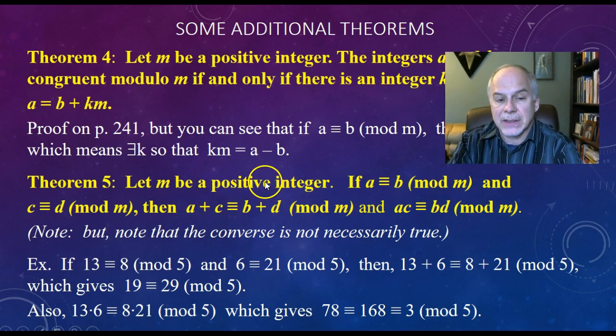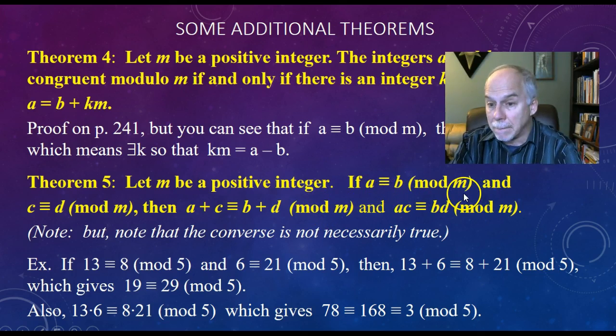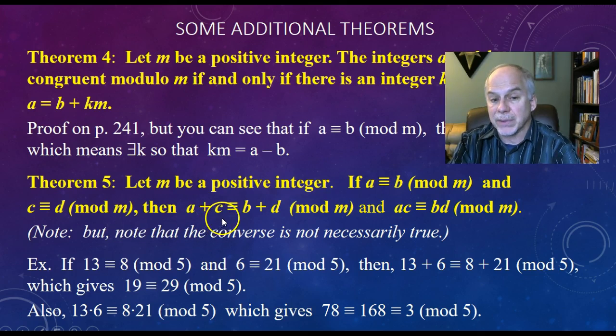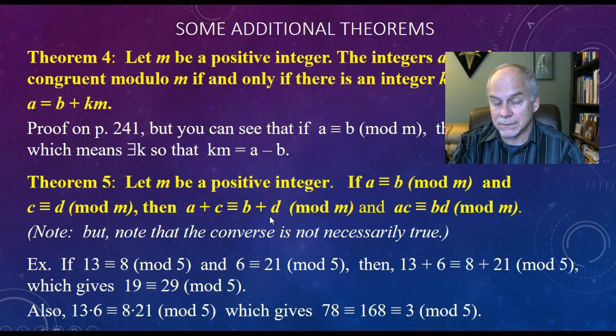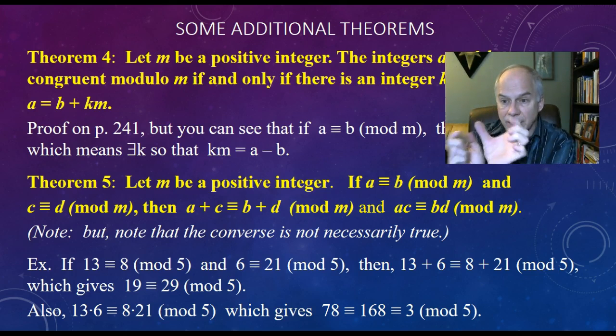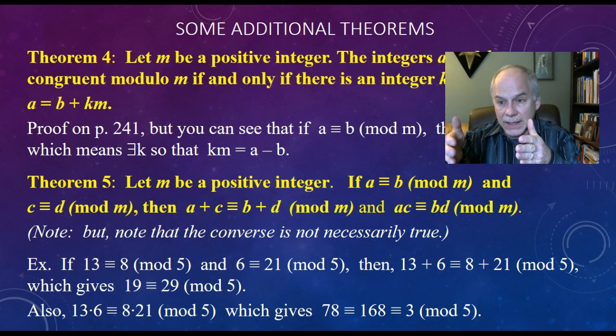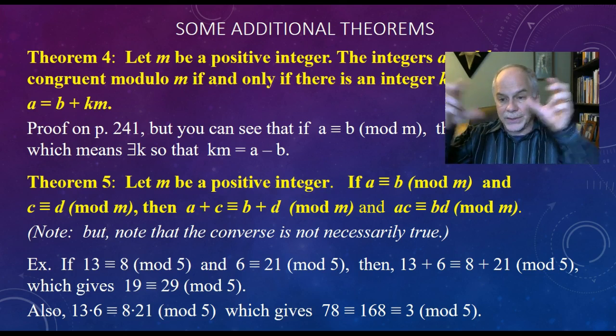Theorem 5: Let m be a positive integer. If a is congruent to b mod m and c is congruent to d mod m, then a plus c will be congruent to b plus d. Okay? So in other words, if you have a congruence and another congruence, if you add the left sides and add the right sides, it's still congruent.